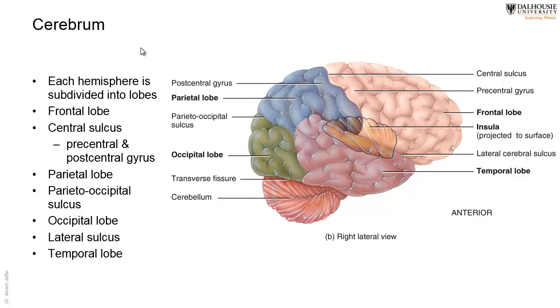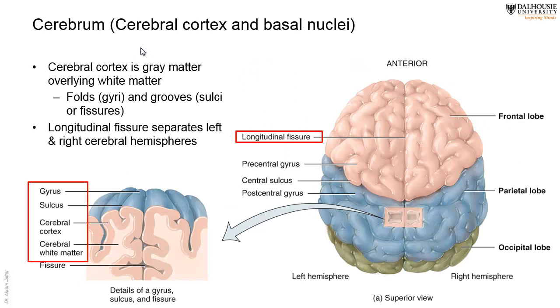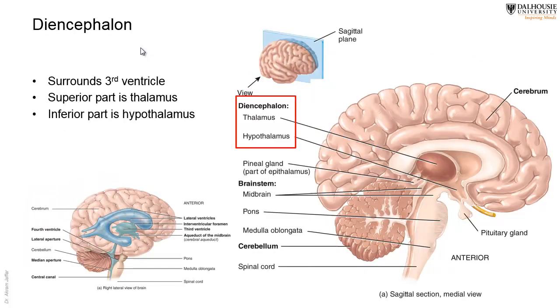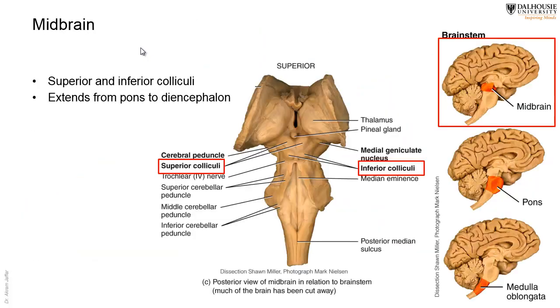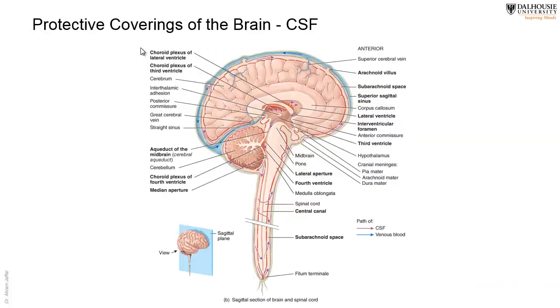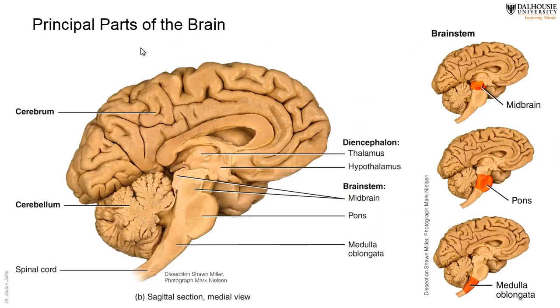And here we have another sulcus, which is called the parieto-occipital sulcus. In fact, the parieto-occipital sulcus cannot be seen on the lateral surface of the brain, but it can be seen on the medial aspect of the brain, as you can see here.